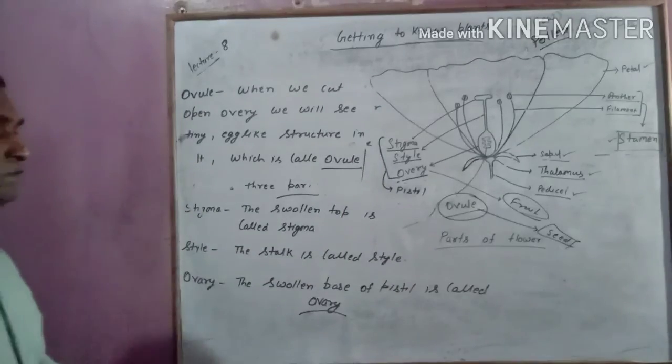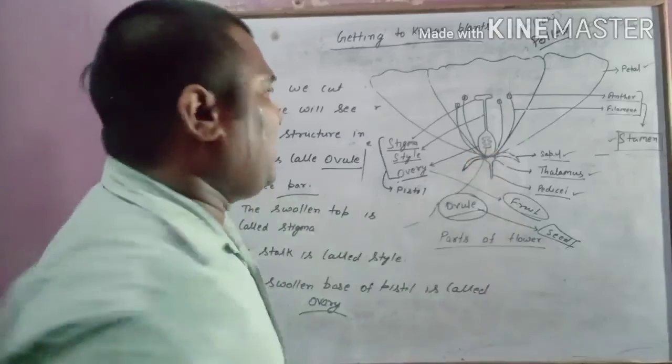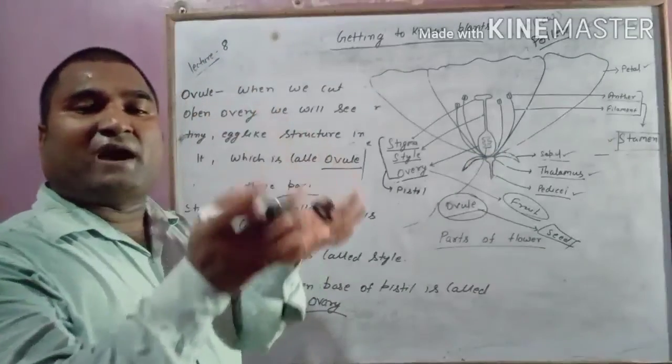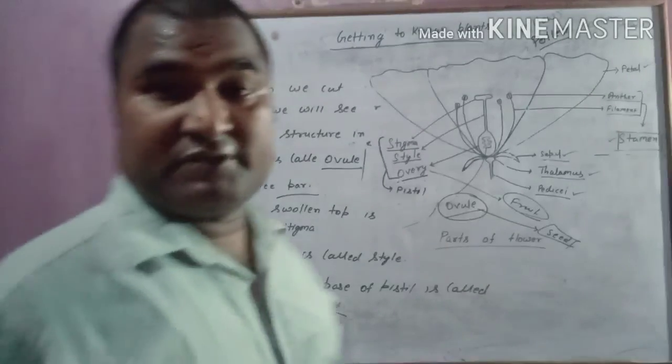So ovule is inside the ovary, and ovary is the swollen part of the pistil.